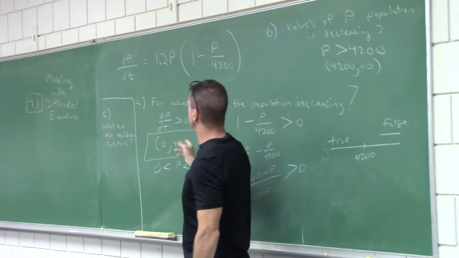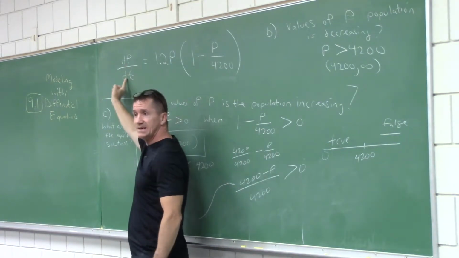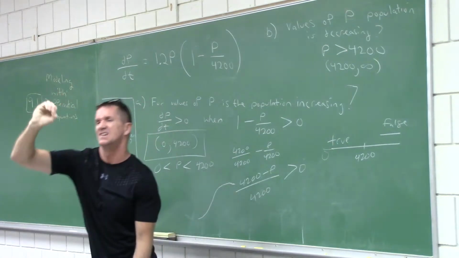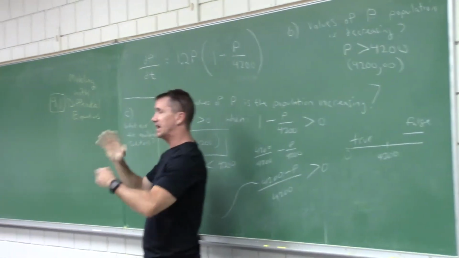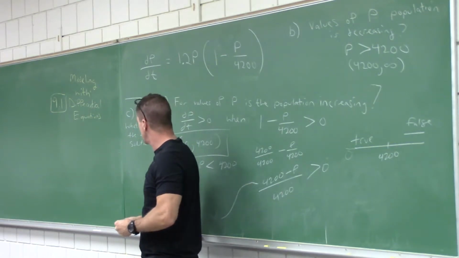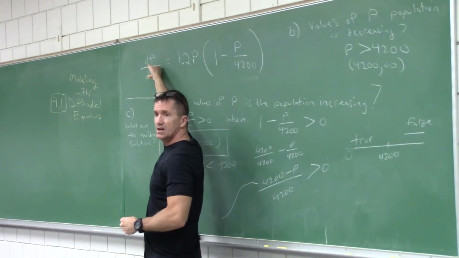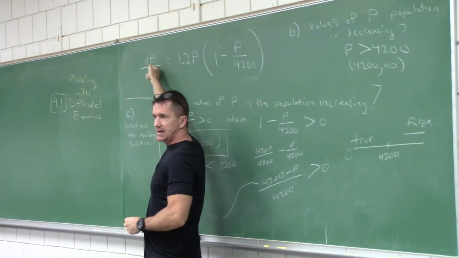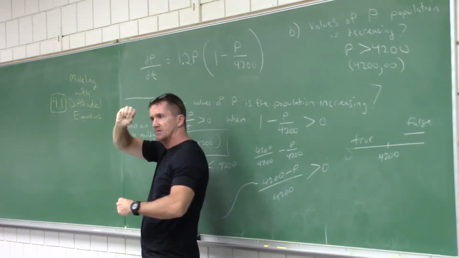The equilibrium solutions are where dP/dt, the differential equation, is equal to 0. So let me say again, so you have it in your notes. Equilibrium solutions are the solutions such that the differential equation, dP/dt, or whatever we have, is equal to 0.